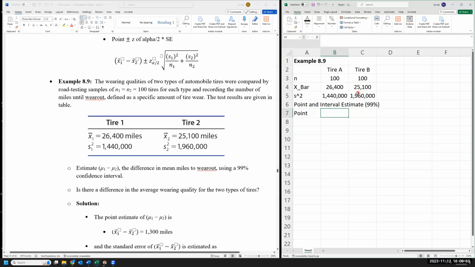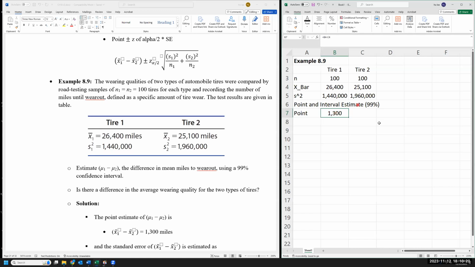Well, which one is 1 and which one is 2? The rule of thumb is to use the bigger number in the sample average. When you calculate these sample averages, the bigger number, use that as population 1. So the point estimate would be tire 1 minus tire 2 and not the other way around.